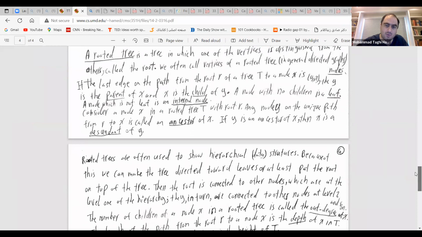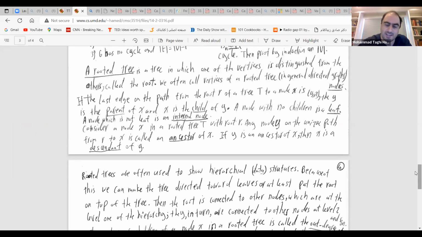So let's talk about a rooted tree. Generally, when we have a tree, the trees are represented something like this. We put one vertex on the top, and then we put all other vertices below that. So in that case, the top guy is the root.